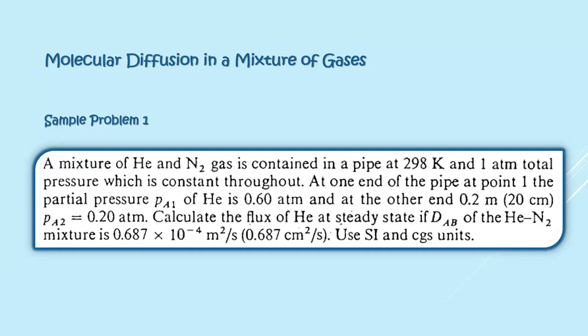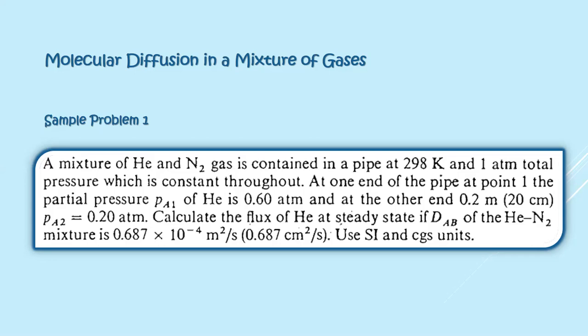And at the other end, 0.2 meters away, or 20 centimeters away, we have the partial pressure of helium decreasing to a value of 0.20 atm. So from point 1 to point 2, there is a decrease in the partial pressure of helium.